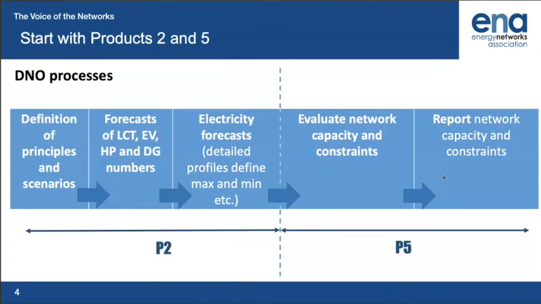Product 2, on the left-hand side, is about future energy scenarios. It considers what those scenarios should be, typically the scenarios developed for the National Grid published FES, things like steady progression.